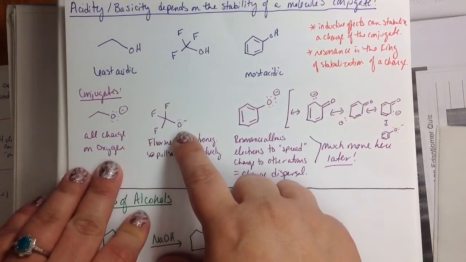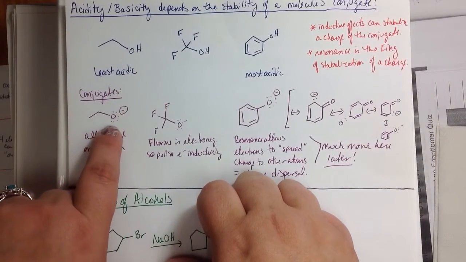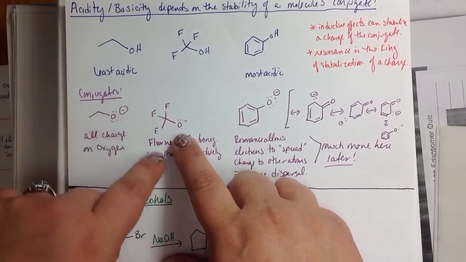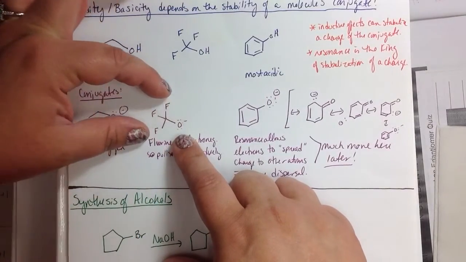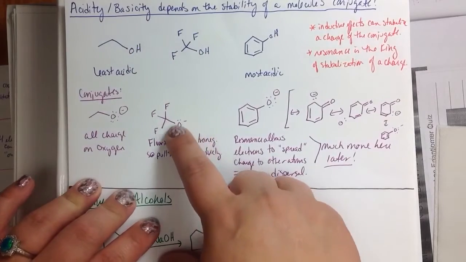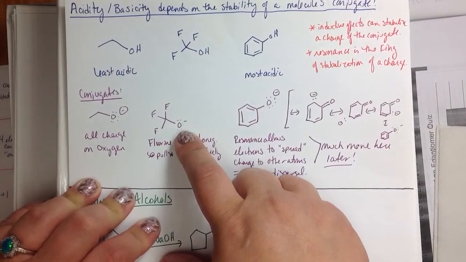Well, that's what this inductive effect is. So here, all of that negative charge is pretty much stuck on that oxygen. But here we have fluorines that are highly electronegative, and they're pulling electrons back towards them. So that means that this oxygen basically gets some relief from holding on to that negative charge.